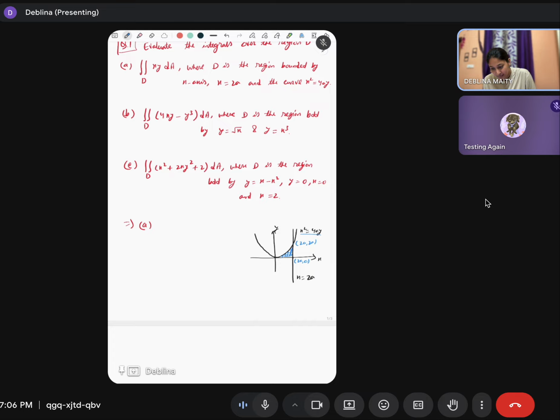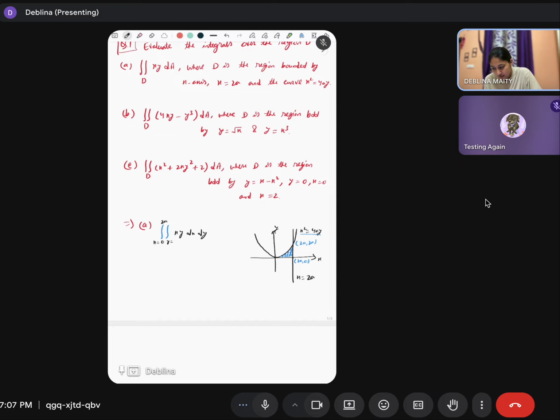So this point is 2a, and what is this point? If x is 2a, y is also going to be 2a, right? From this equation, this is the intersection of these two curves. So what are the limits of x and y here? For the integral of xy dx dy, x runs from 0 to 2a, and if we go in this direction, y runs from 0 to x square by 4a.